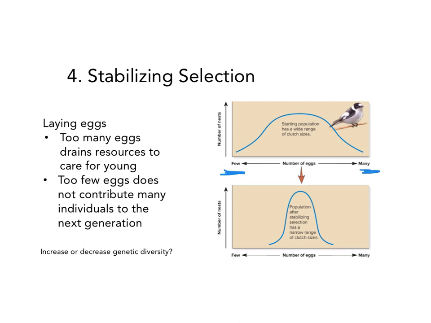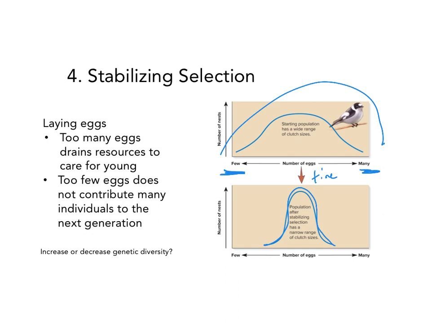So what you're doing over time, so this would be time here, you're tending to take this broad normal distribution and shrink it down to a much tighter normal distribution. So you're getting into a narrower range of phenotypes. In this case, it's actually clutch size. So it favors the survival of the individuals that have intermediate phenotypes.